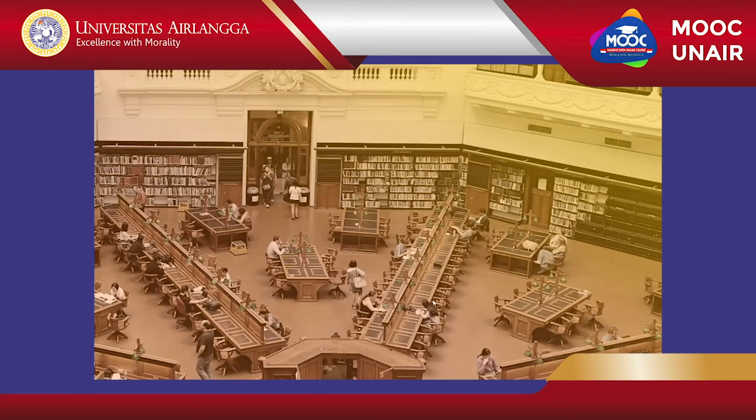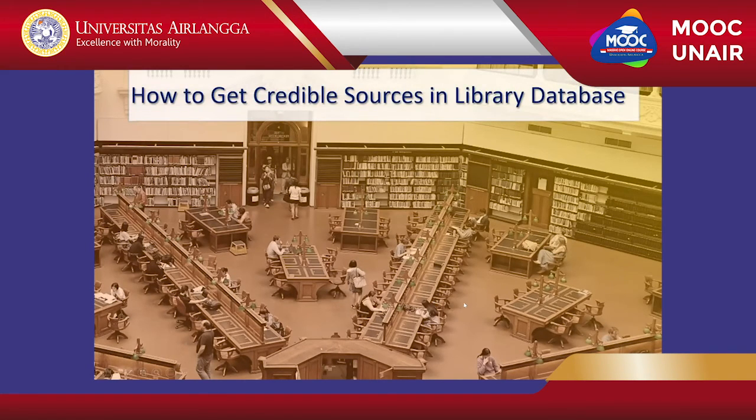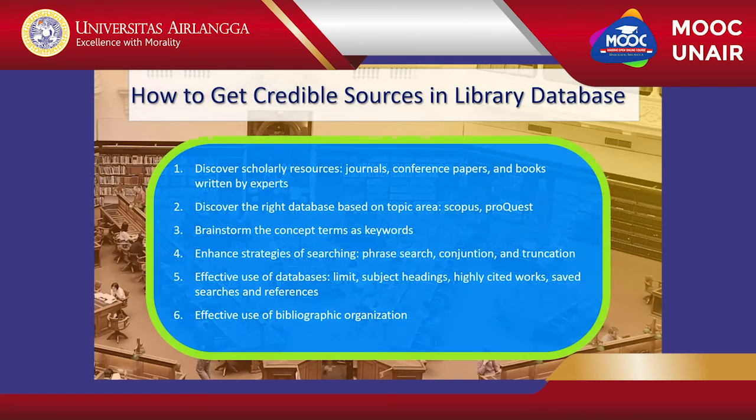Finally, let's discuss some ways to get credible sources in the library database. First, you need to make sure that you are trying to find scholarly resources. In other words, you need to make sure you are trying to find academic texts.